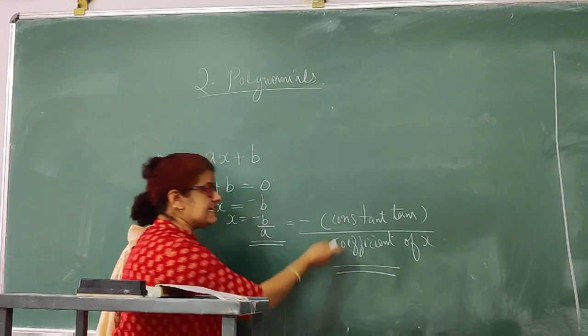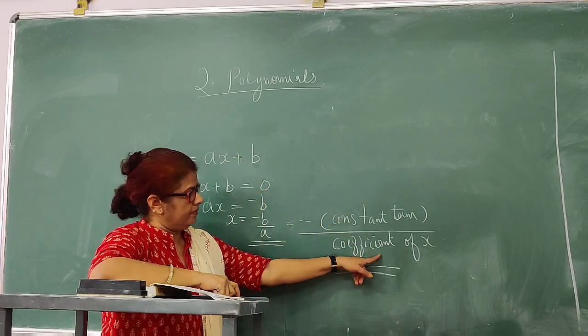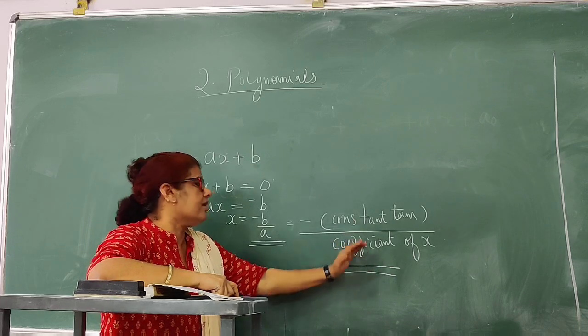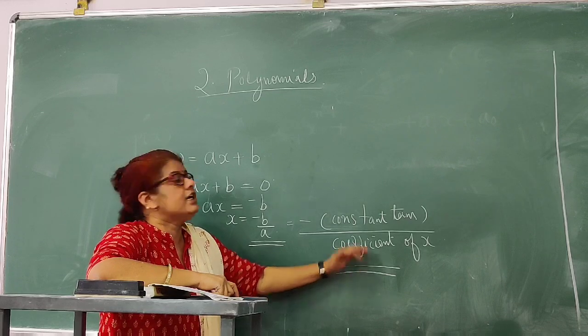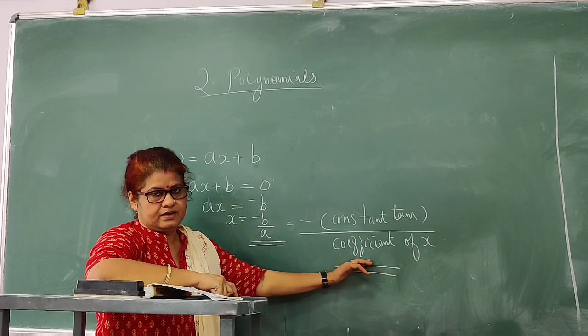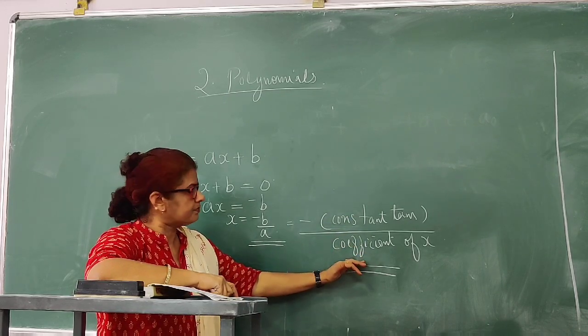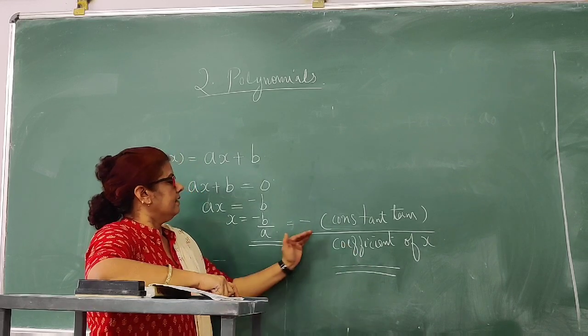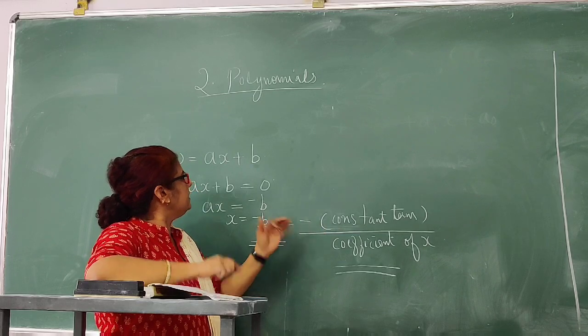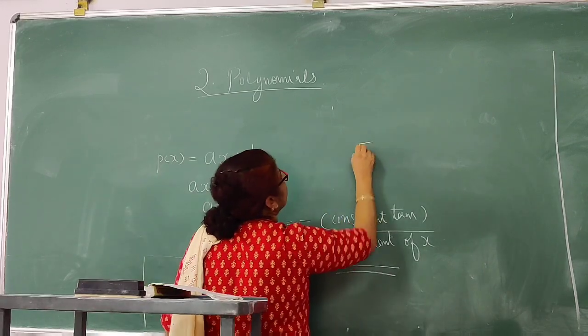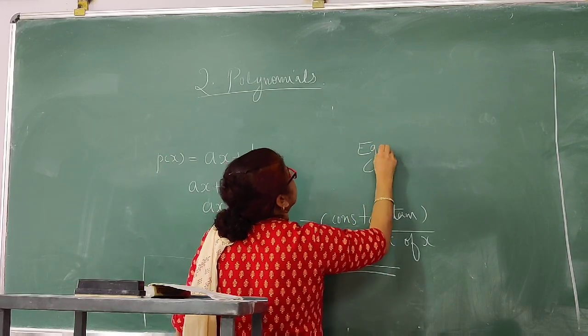And this is the relationship between the zero and the coefficients. The zero is itself in terms of the coefficients, that we can see here. I think you might have understood. Okay, I'll give an example for this.